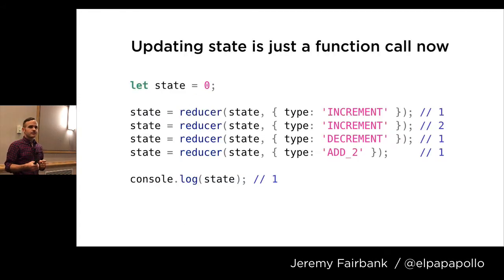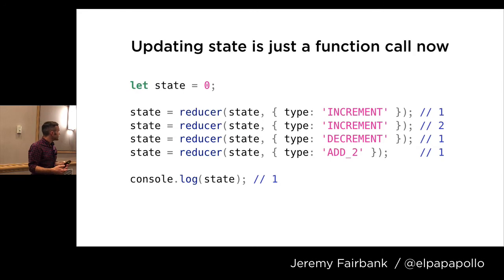So using this, it's just a function, so we could just update state by calling the reducer function. So if state initially is 0, I can call this reducer function with state and that action type of increment. It should give me back 1 because I'm going to do 0 plus 1. It's going to return new state, so I can grab a reference to that, and then I can pass it in again with another increment action.